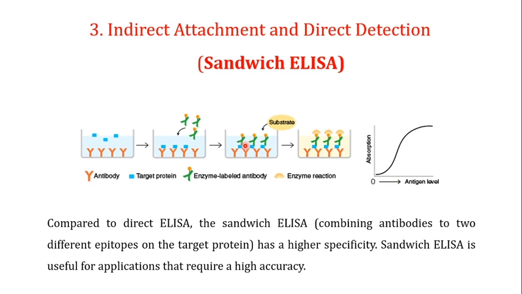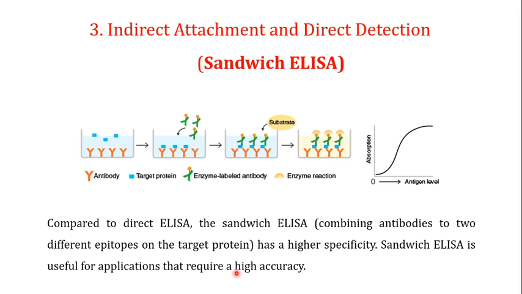So the combining antibodies are interacting with two different epitopes of your target antigen, thereby it has higher specificity. And the sandwich ELISA is useful for applications that require higher accuracy, especially when we talk about diagnostics. So the common ELISA used for diagnostics is the sandwich ELISA.